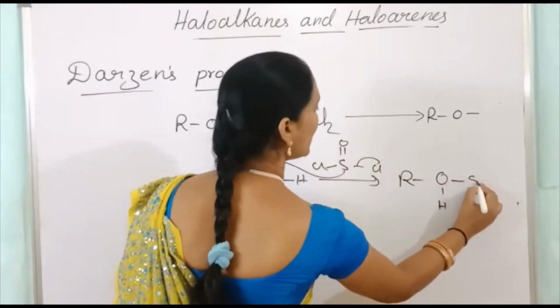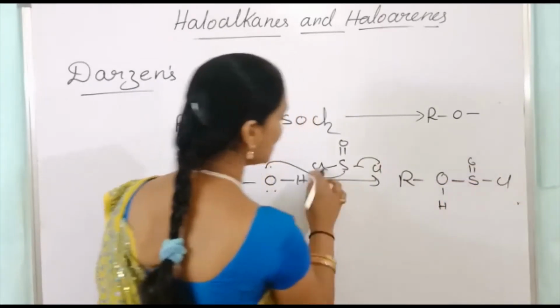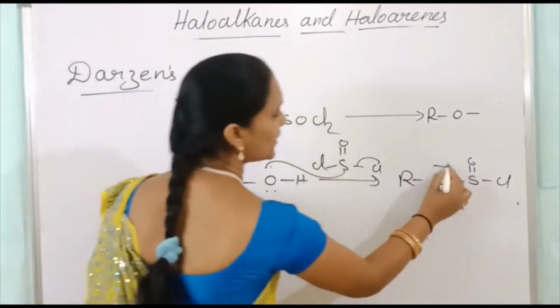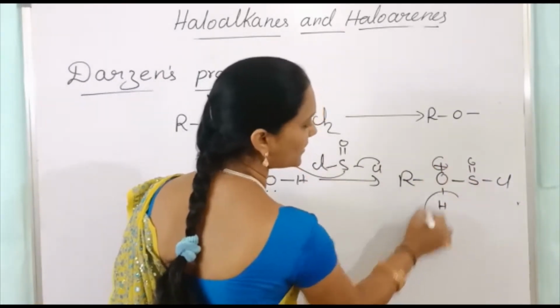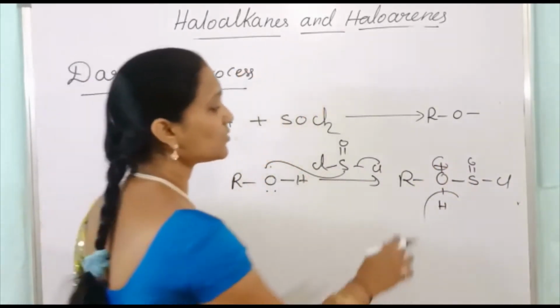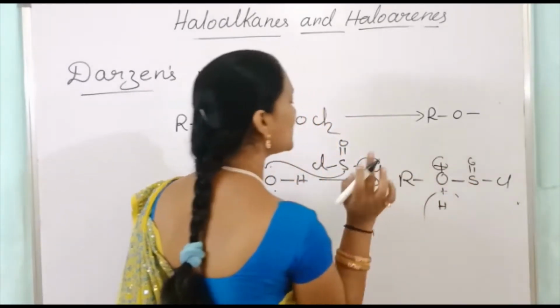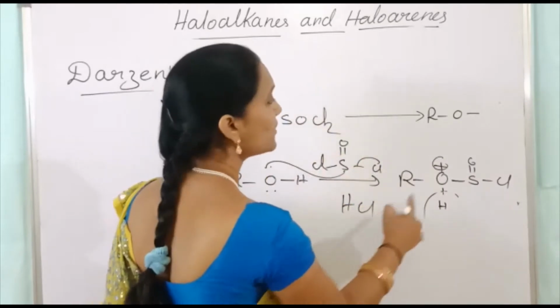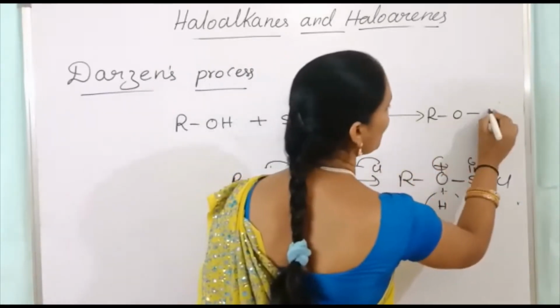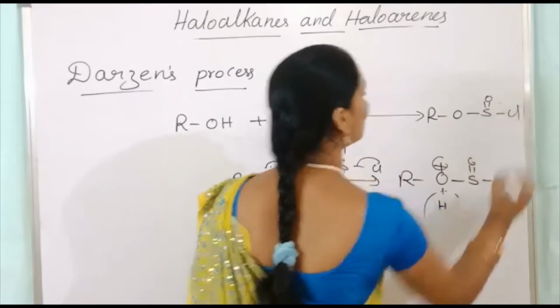Here oxygen has three bonds and is positive, so H plus is eliminated, and this H plus and Cl minus form HCl. So what we are getting here is ROSOCl.